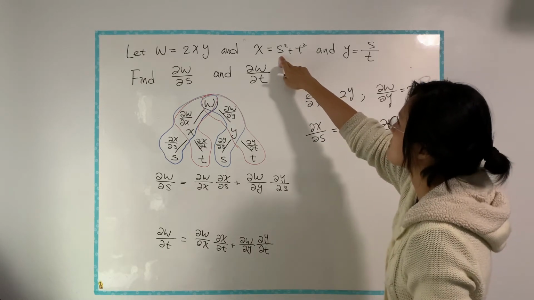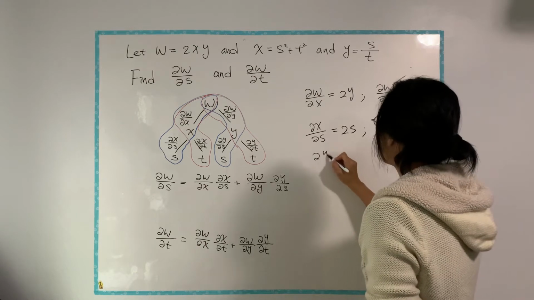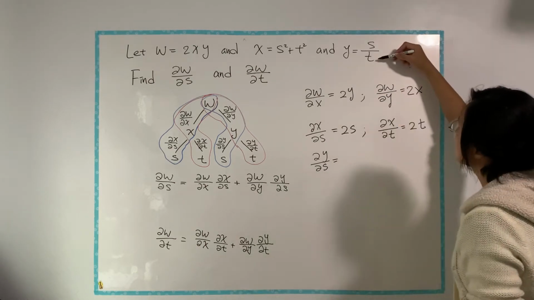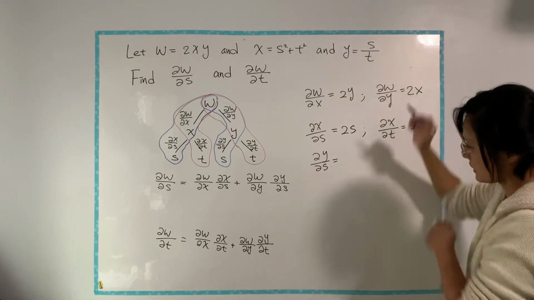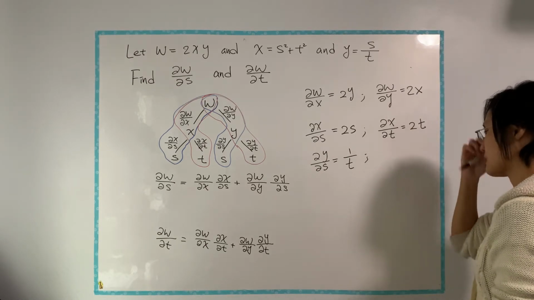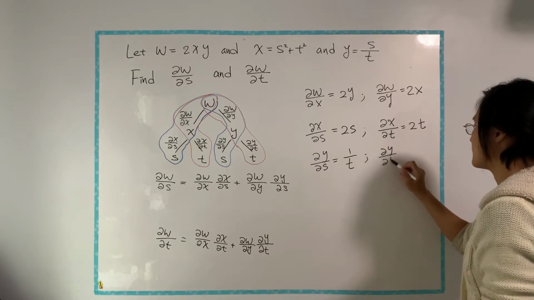Okay, treating s as a constant, focus on the t squared. dy ds, so treating t as a constant, so this is a variable times 1 over t. Okay, that's that. And now dy dt.